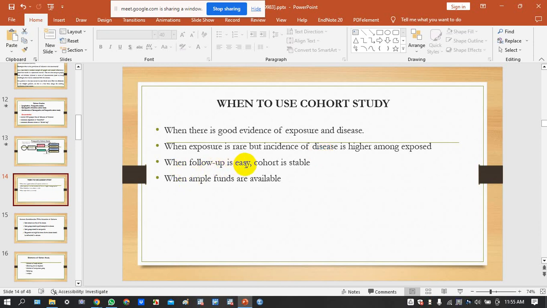So when follow-up is easy, the cohort is stable. Whenever you have a follow-up study, the cohort must be stable. Stability of cohort means that they are not traveling up and down. Somebody can get a job at, for instance, Upper West. We have Listowell, who is in Upper West, who will be joining your class very soon.